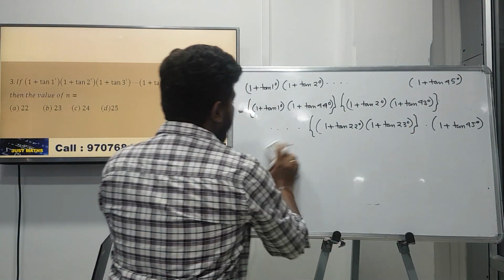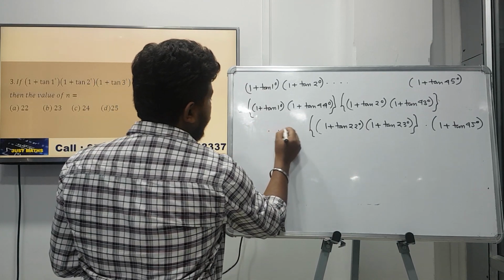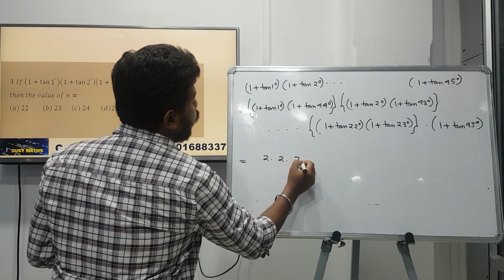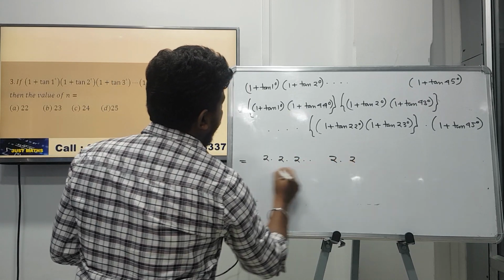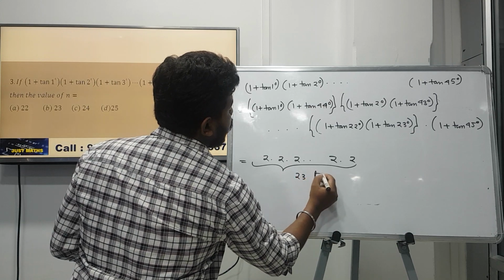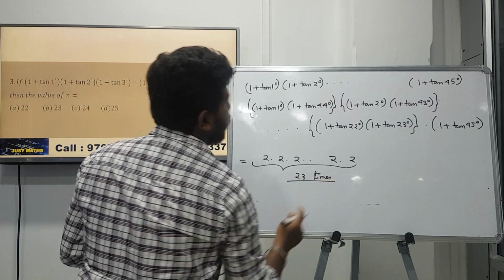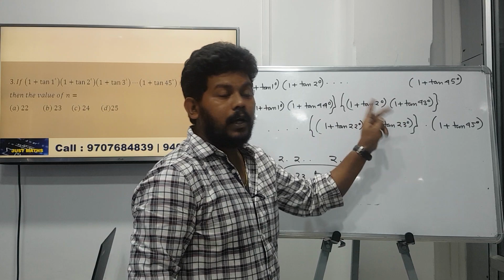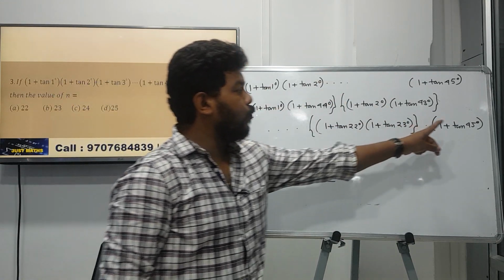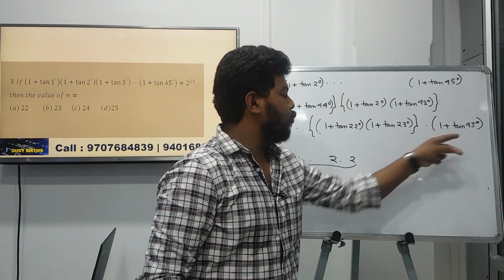Therefore, by applying this result, we will get 2 into 2 into 2 up to 23 times. Why? Because there are 22 such pairs, each pair is equal to 2 to the power 1, and this is 1 plus 1, which is 2.